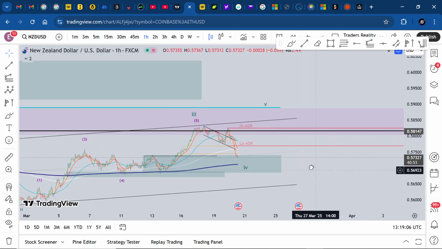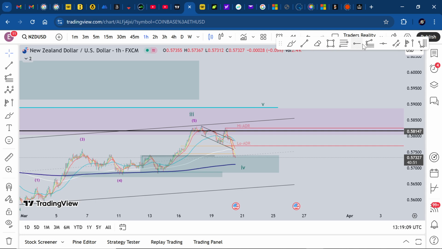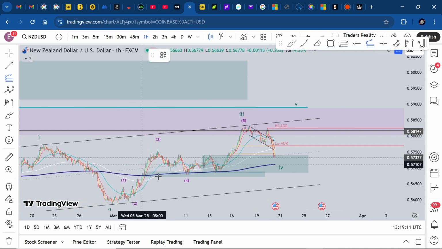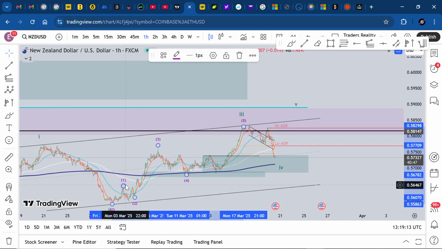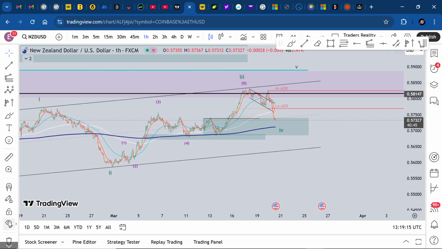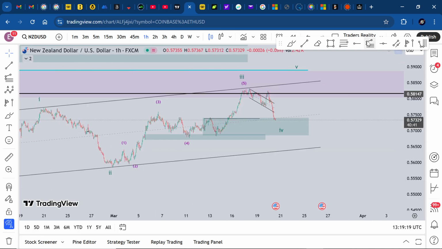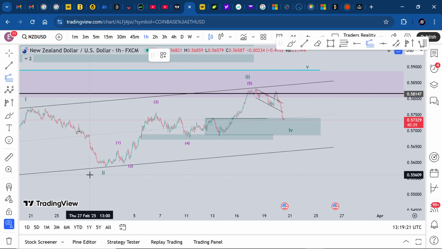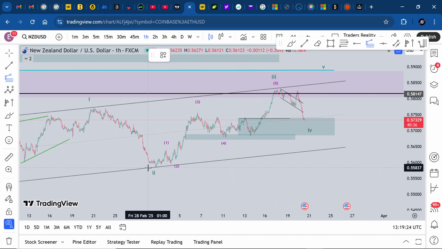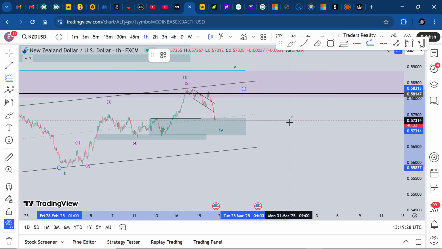Still, this 3 over here, this 3, 1, 2, so the beginning of 3 to the end of 3, to wherever 4 lands.